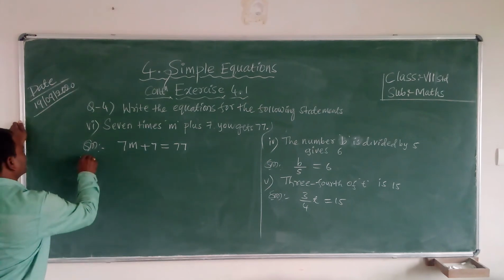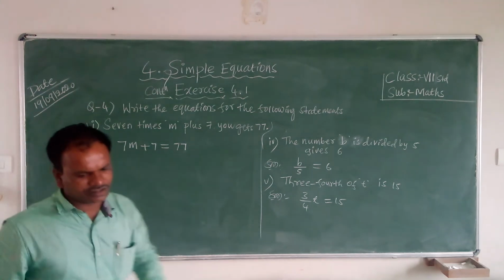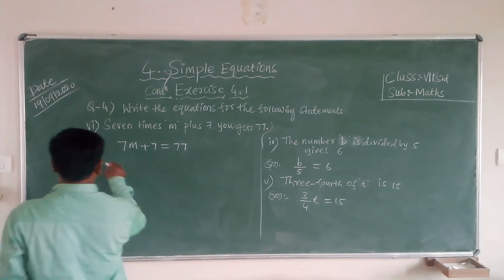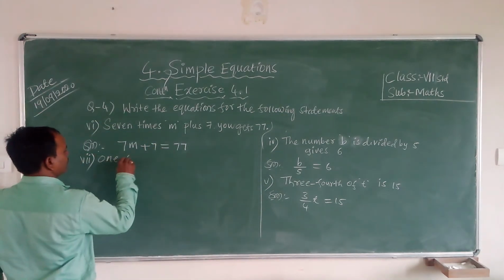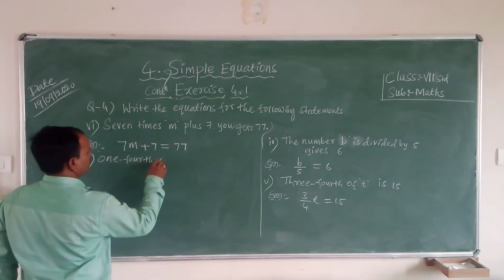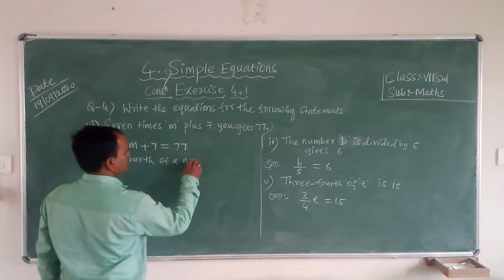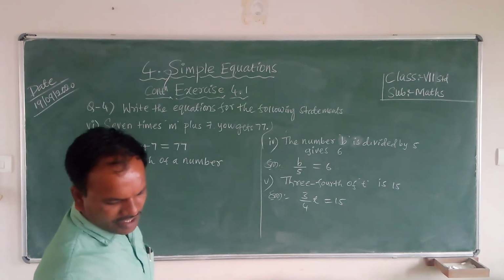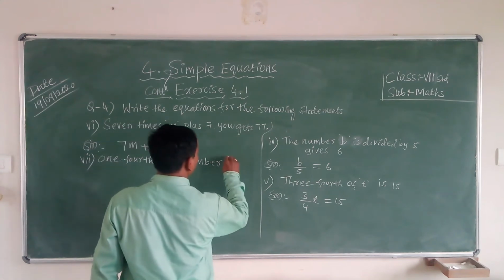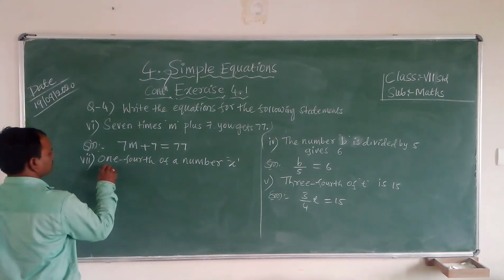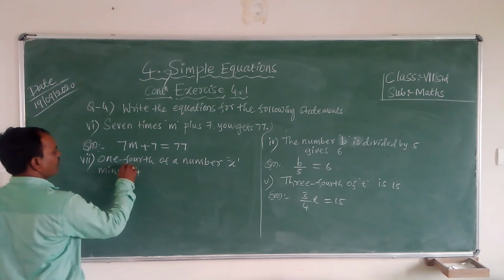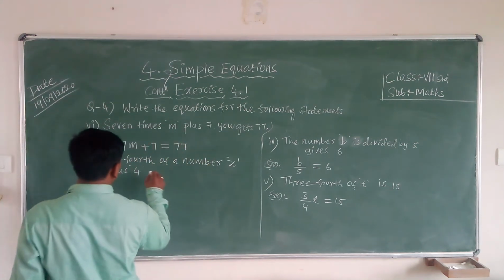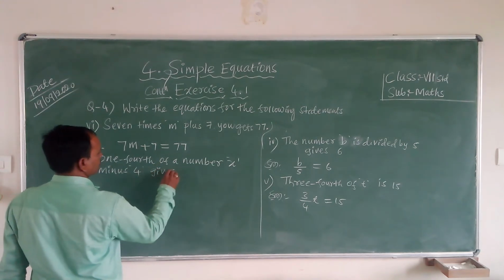So next, seventh one. 1/4 of a number x minus 4 gives 4.